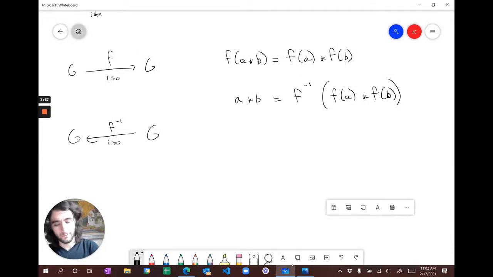And then we can even write it like this. This kind of wacky looking way that I'm about to write it. Right, this is the same as, yeah, this is the same as this.